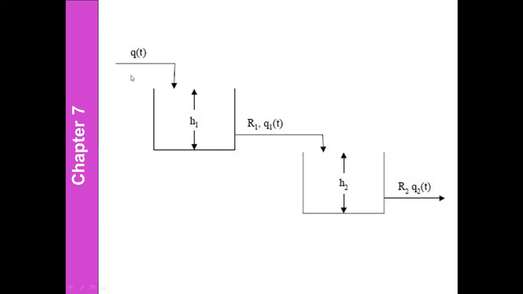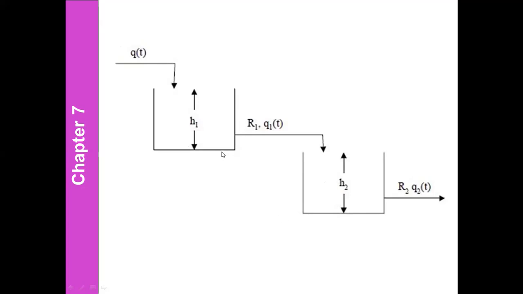And the volumetric flow rate to tank 1 is Q. By the way, we don't limit it to 2, but just for illustration purposes, we have arranged only 2 tanks in series acting in a non-interacting fashion.